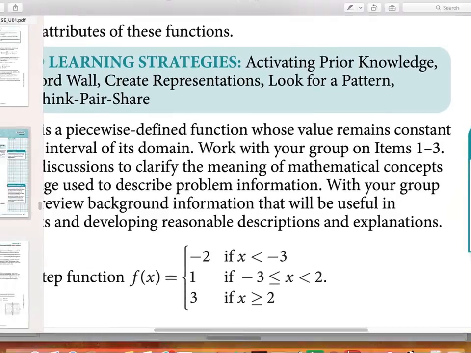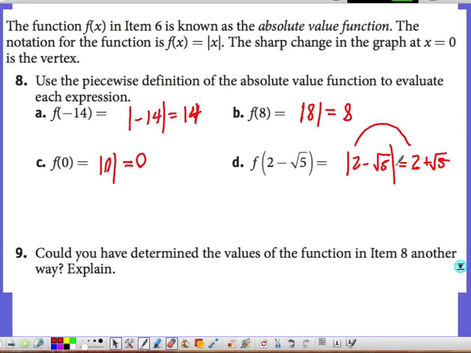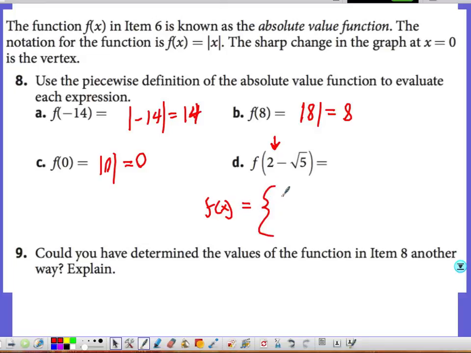Okay, so in that case, using your piecewise defined function is very important, because you have to determine, first of all, is this number positive or negative? My piecewise defined function is going to be negative x if x is less than 0, and x if x is greater than or equal to 0.